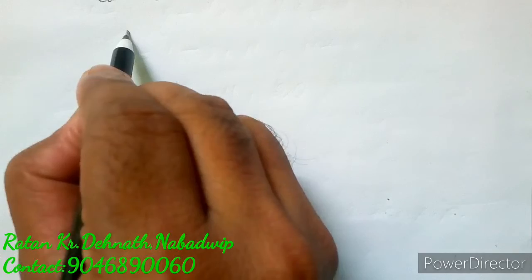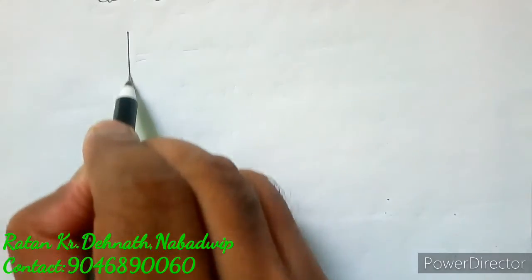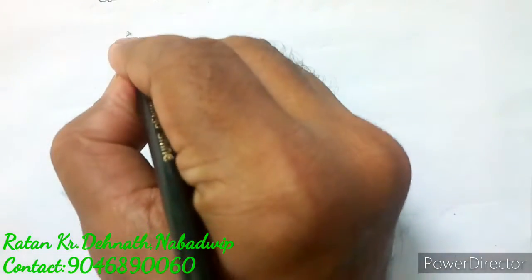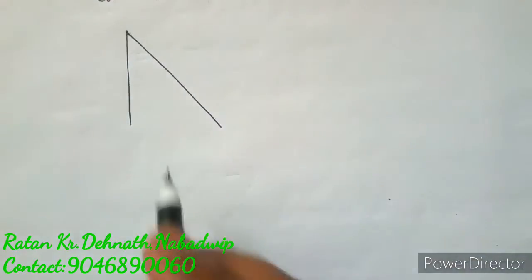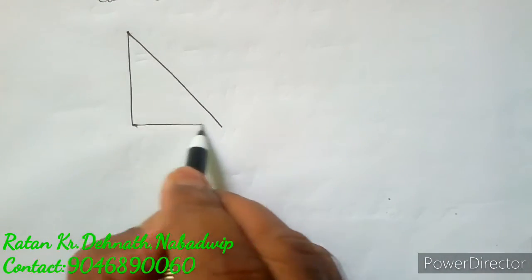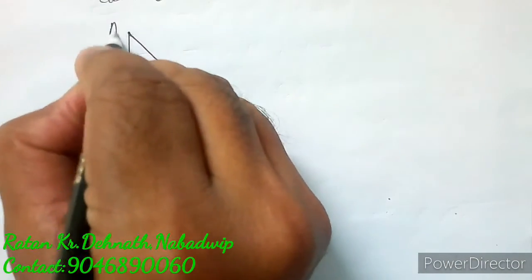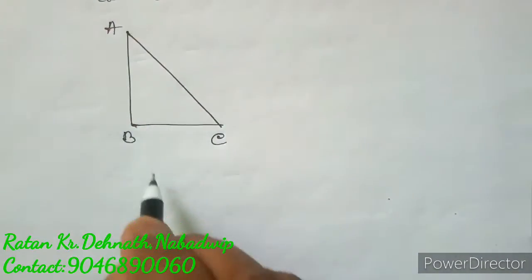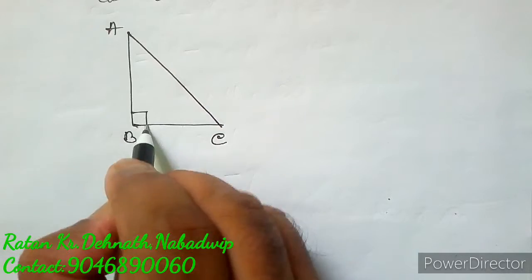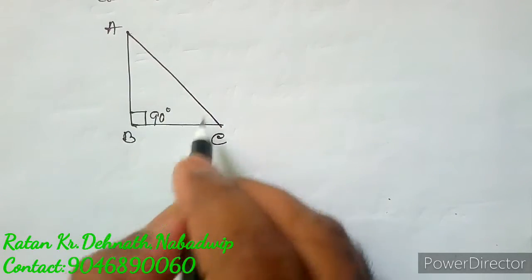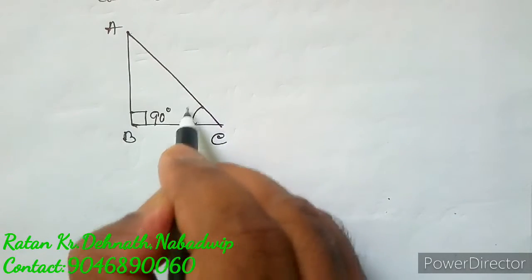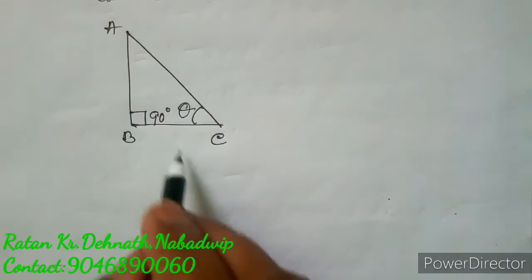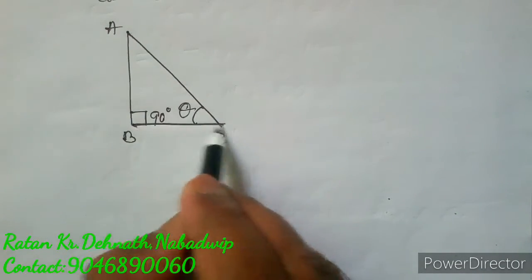Let us draw the figure. Triangle ABC, obviously it's a right angle triangle. We consider angle C as theta.